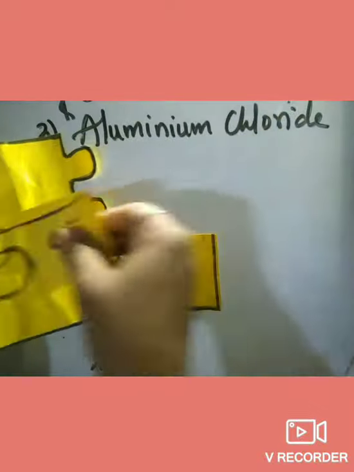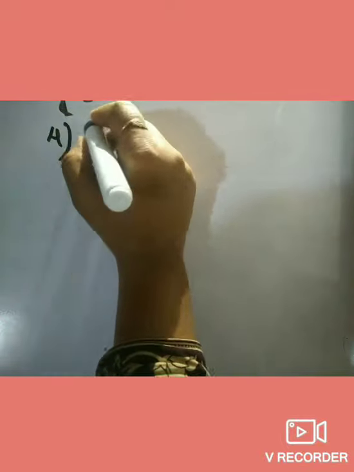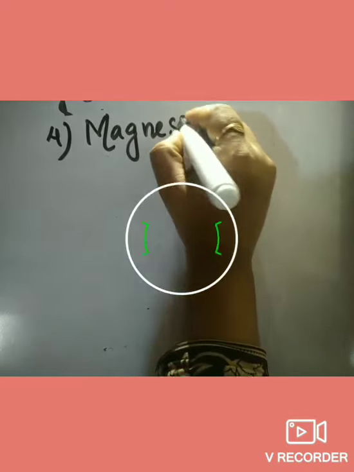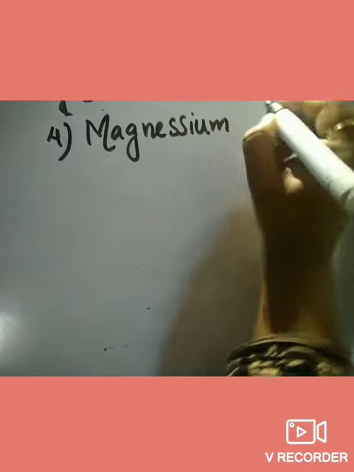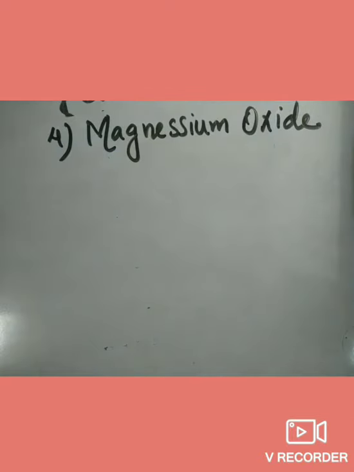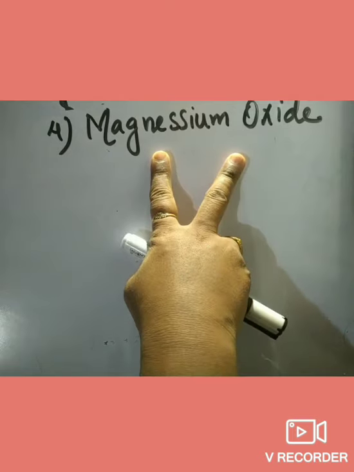The next compound is magnesium oxide. The next compound which I am taking here is magnesium oxide. Okay, so as you can see here, 2 elements are combining.